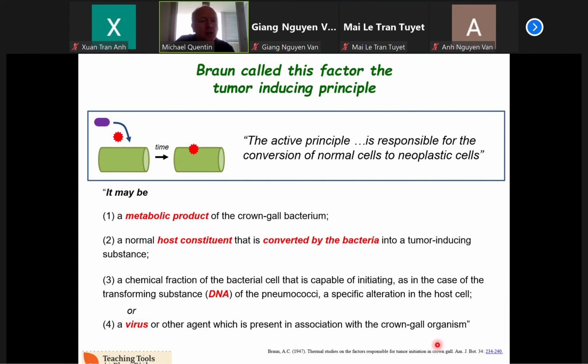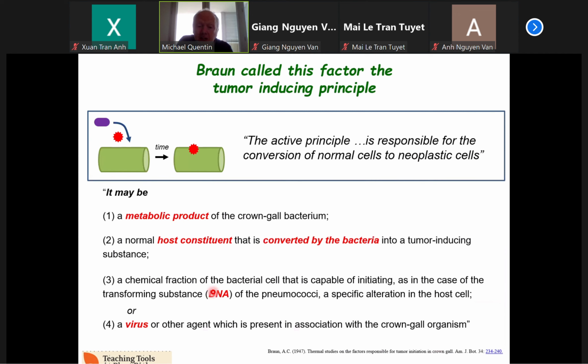And there were different hypotheses. Probably the bacteria transfer a factor to the stem that will allow, after some time, development of the gall. But this factor may be of different nature. It may be a metabolic product. It may be something from the plant, which is transformed by the bacteria to induce the formation of the gall.